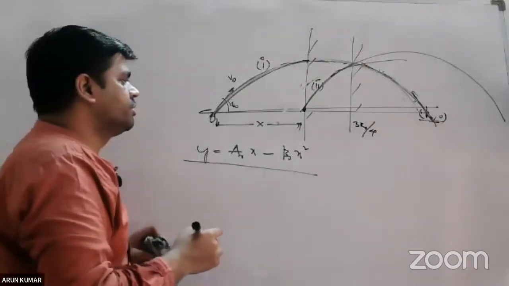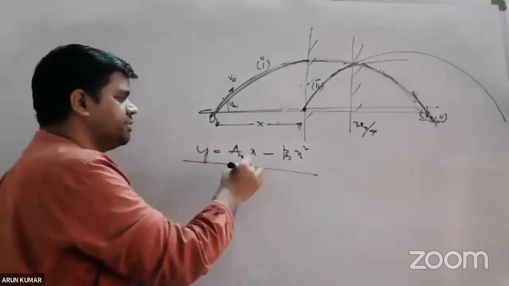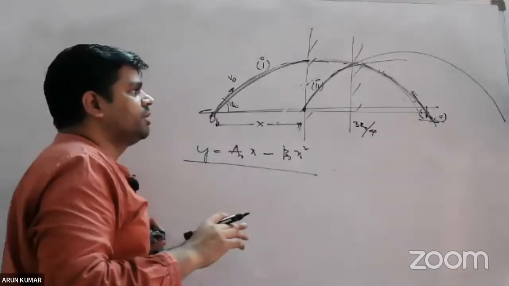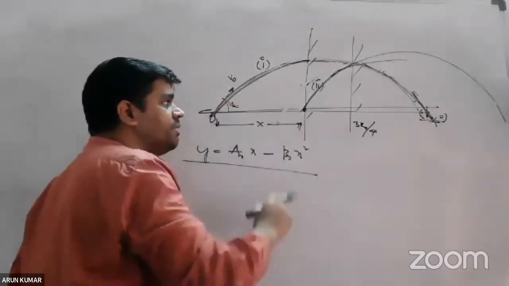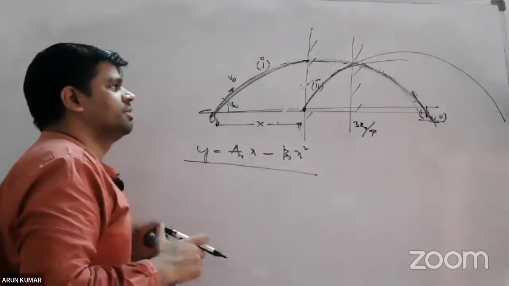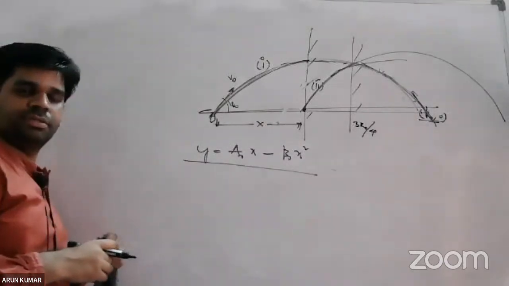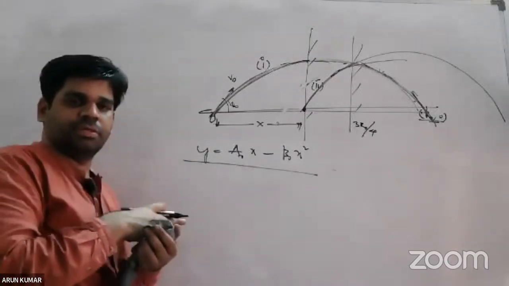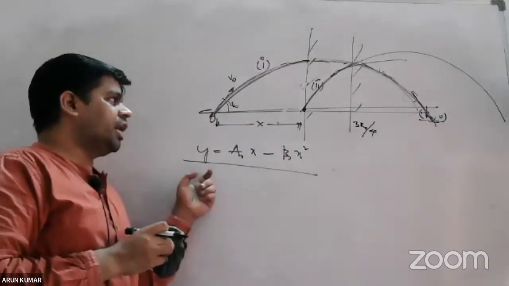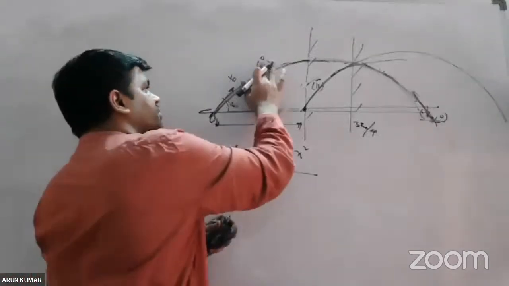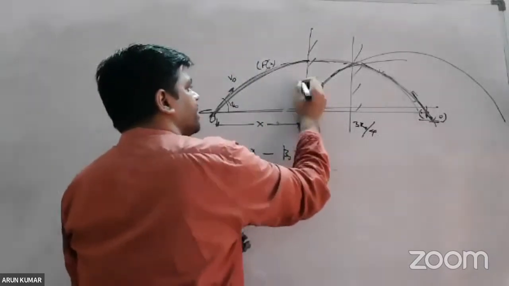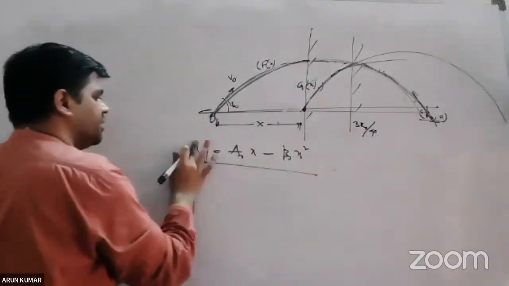Yes, sir. The equation of curve 1 is a0 x minus b0 x square, where a0 and b0 involve tan theta, v0 cos theta. But I need the equation of curve 2. How do I find the equation of curve 2 is a question. I have been given f of x, and I want g of x. I will say this is f of x and this is g of x.